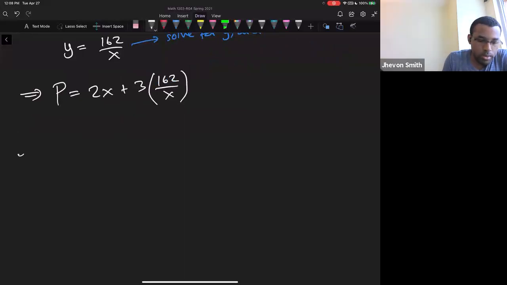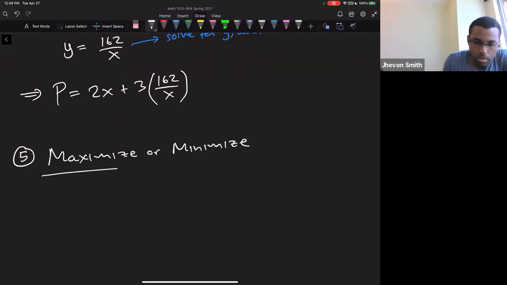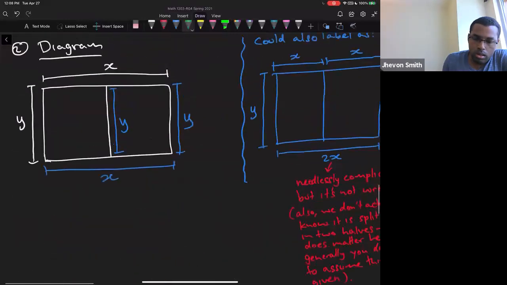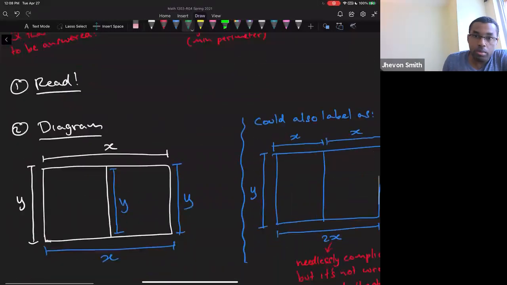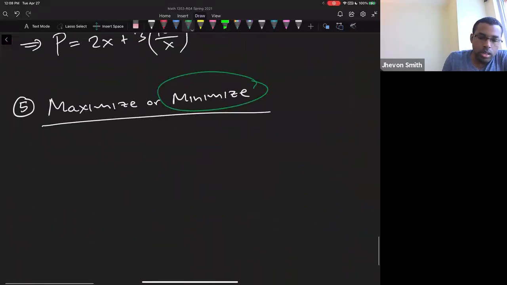So now 5. Want to maximize or minimize? And in this case, we want to minimize again, looks like. Amount of fencing is minimized. Either way, it doesn't matter. I'm going to find the derivative.